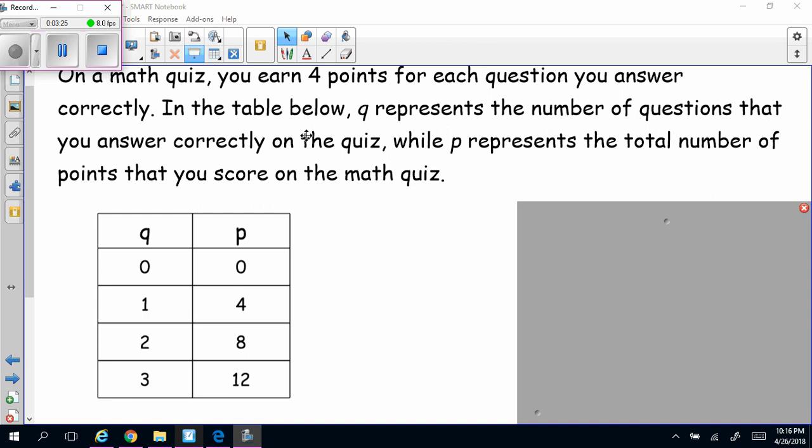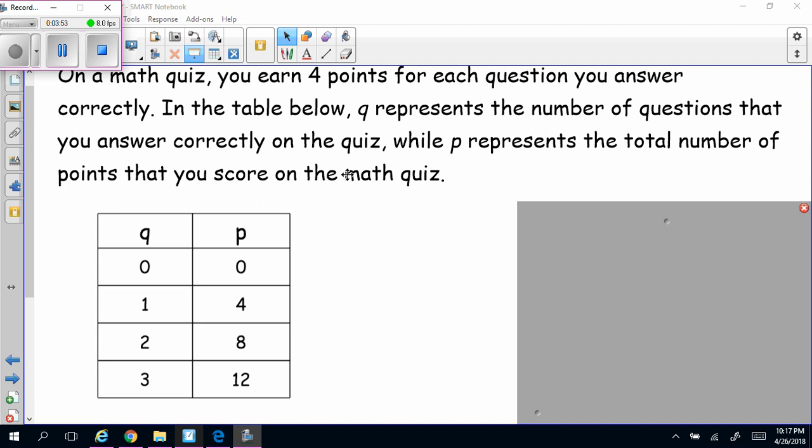Go ahead and copy this table down as well, where we have Q and P written. Now, let's think about this problem again. Q represents the number of questions that you answer correctly on the quiz. P represents the total number of points that you score on the math quiz. So let's think of what would be our independent and dependent variable.